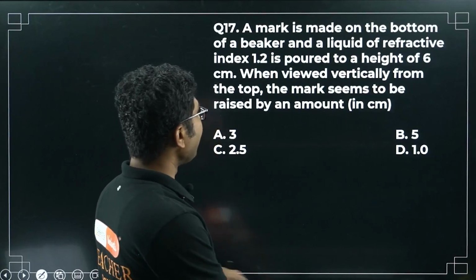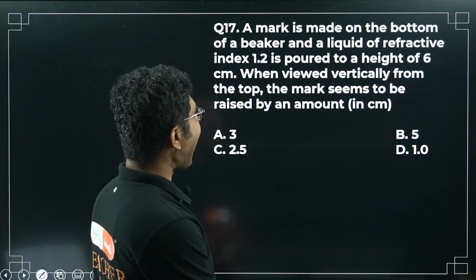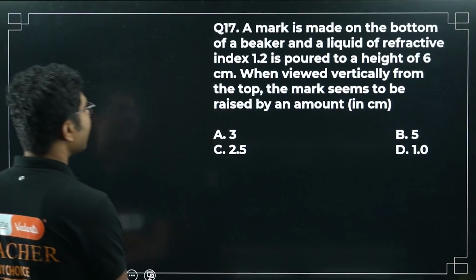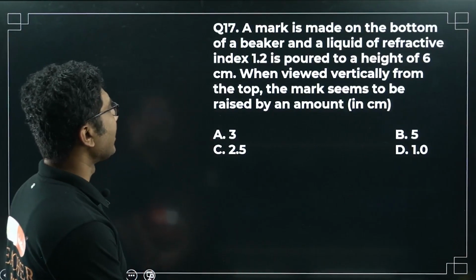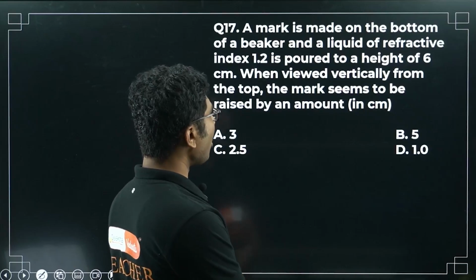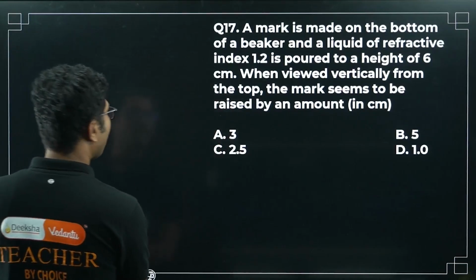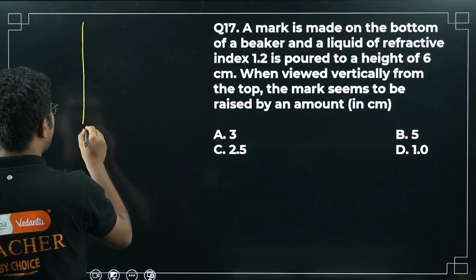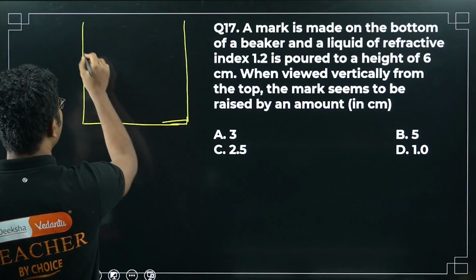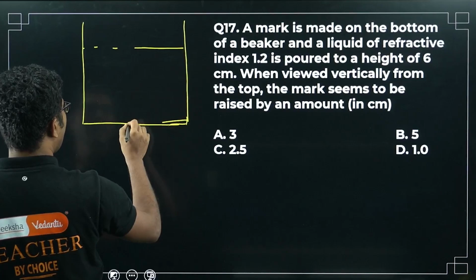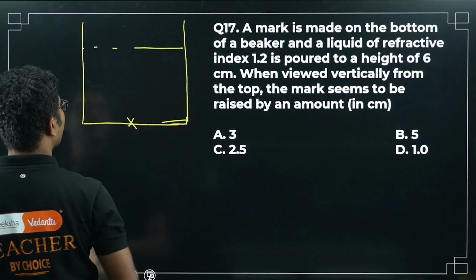A mark is made on the bottom of a beaker and a liquid of refractive index 1.2 is poured to a height of 6 cm. When viewed vertically from the top, the mark seems to be raised by an amount in centimeter. So here we have a beaker, and you have poured some liquid and made a mark here.